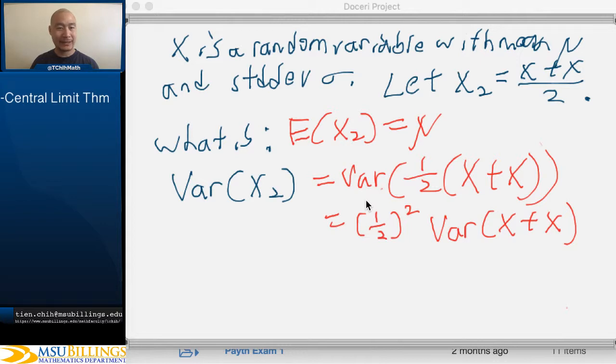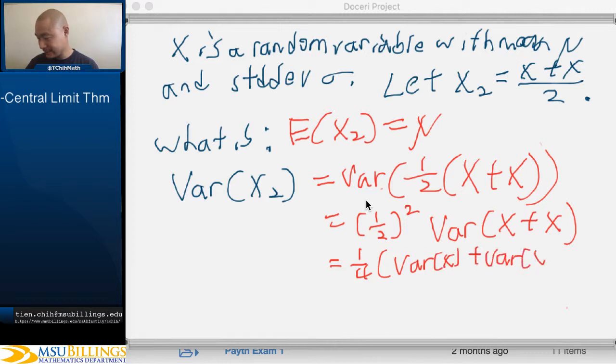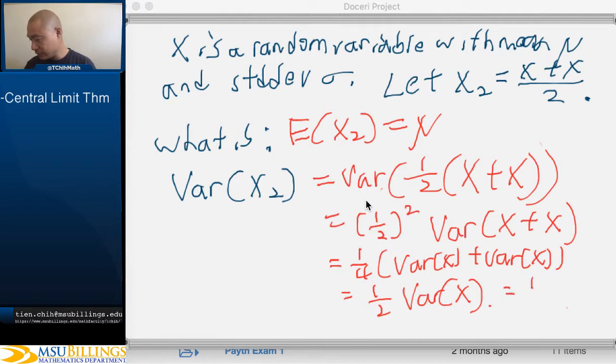Right? Do you remember that whole thing? And so I get 1/4 times the variance of x plus the variance of x. And this gives me 1/2 times the variance of x, which is sigma squared over 2, right?